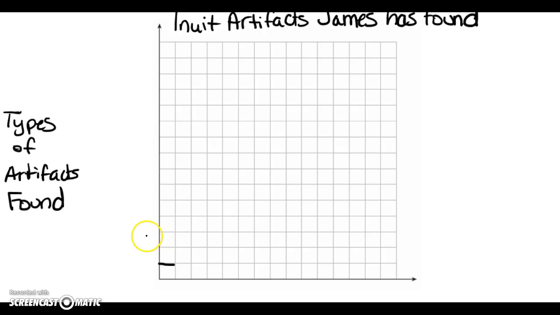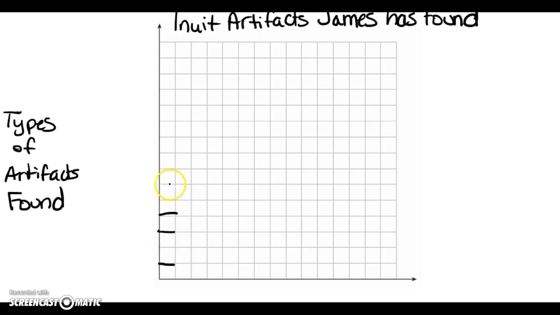So if there's 5 different types of artifacts and we have 15 lines, my guess is let's try using every 2 squares for every type of artifact. And one thing that's really important here is that with each of those bars, remember you have to leave a space between each type of artifact. So let's leave a space. Then our first type of artifact will have 2 squares. Then you're going to leave a space.